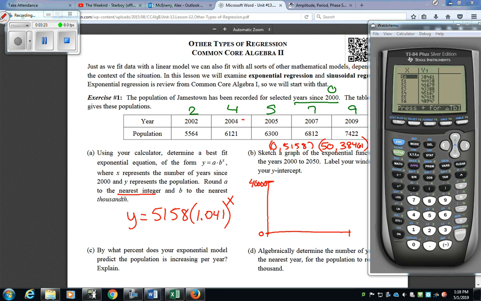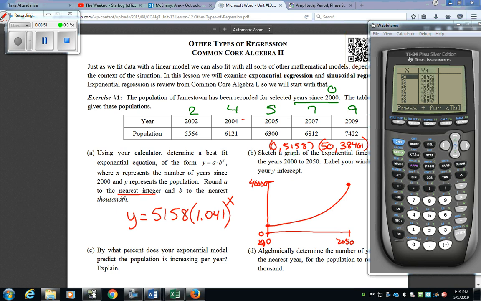I know we start at 0 and 50, so it's 2000 and 2050. So my first one's at about 5,158. My last point's at 38,461. And again, it's an exponential function, so it's going to curve. So there's our sketch.